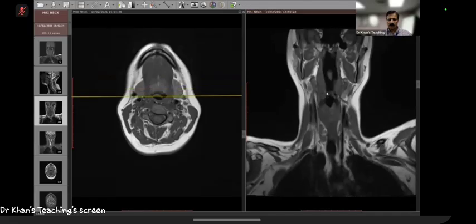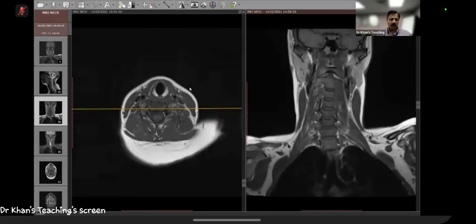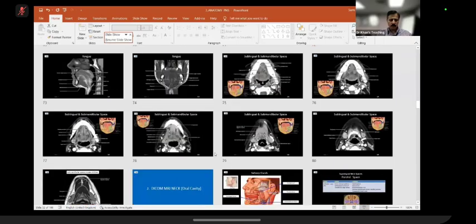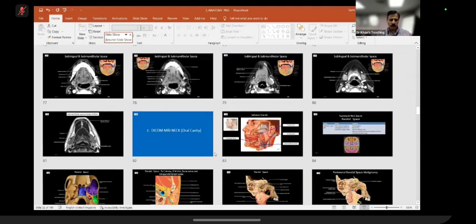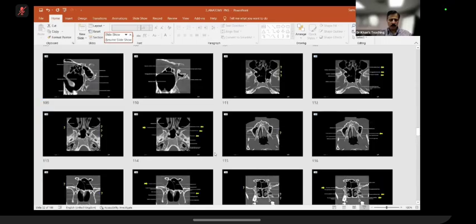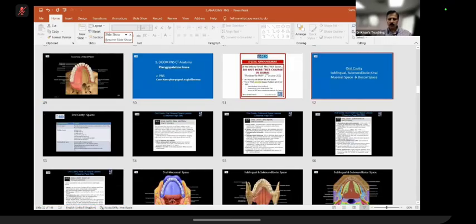This is the submandibular gland. So this is the anatomy. So anatomy is finished, and let's go for a few viva questions.